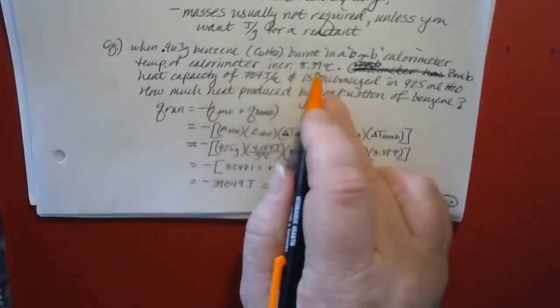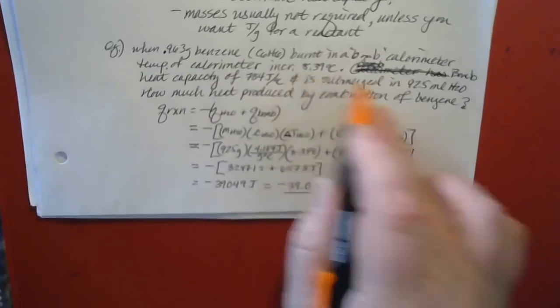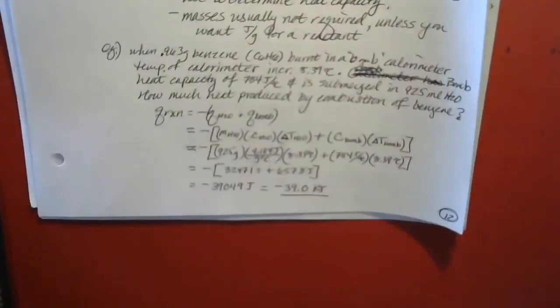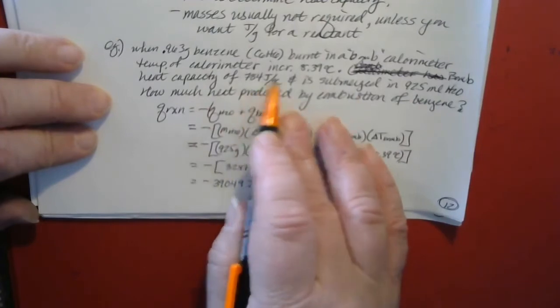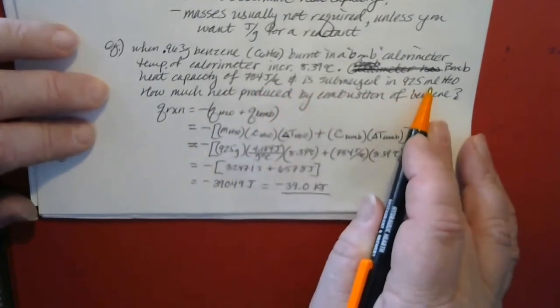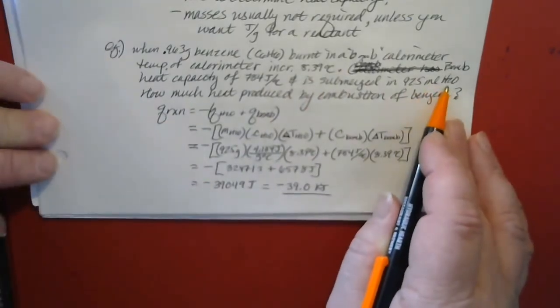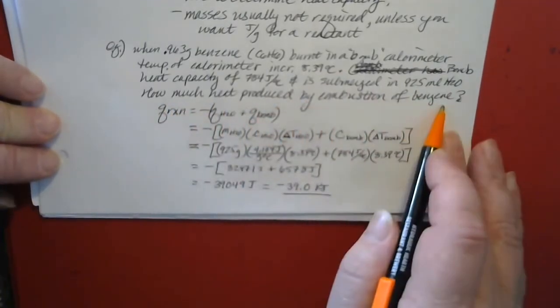This is delta T. We don't need to know what the initial and final temperatures are if we know delta T. The bomb, that is the actual metal cylinder that holds the reactants, has a heat capacity of 784 joules per degree Celsius, and it's submerged in 925 milliliters, or 925 grams, of water. And so how much heat is produced by the combustion of benzene?